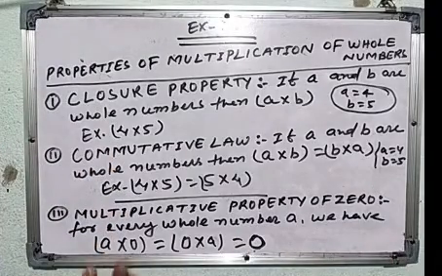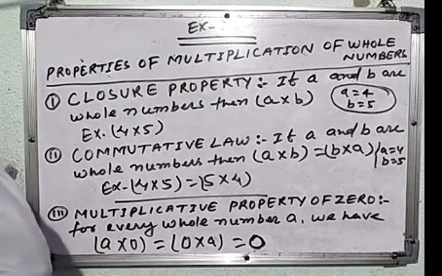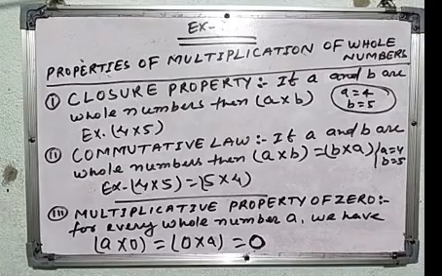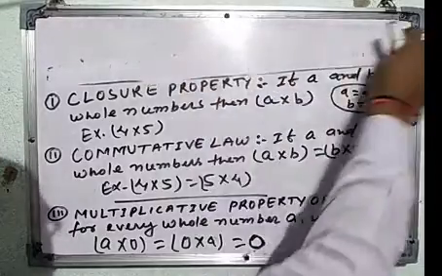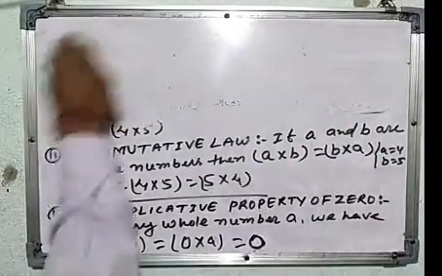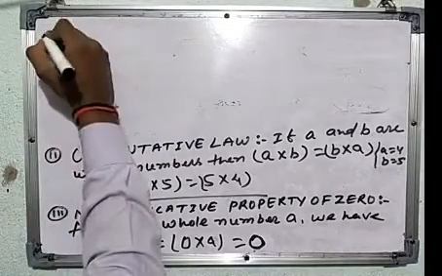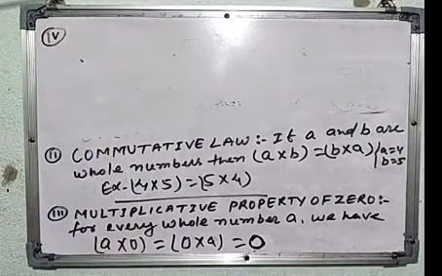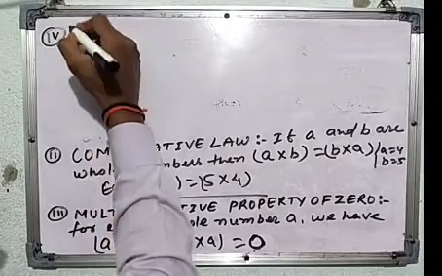Okay, your third property. Write next, fourth property. If you multiply any whole number by 1, we get the same whole number. You write fourth property, multiplicative property of 1.